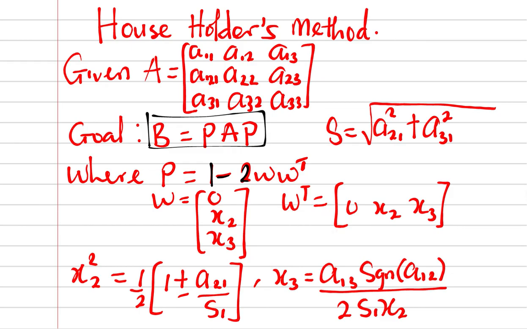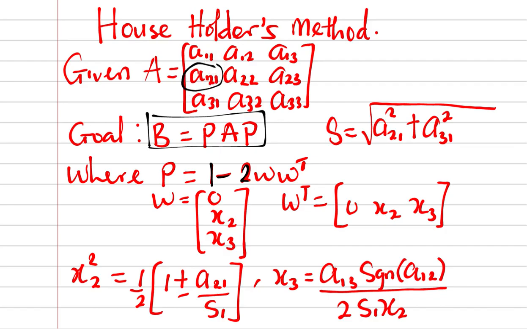All right, so how do you get your x2? Your x2 will be gotten by what? x2 squared equals what? 1 over 2 open bracket 1 plus or minus. Now you can see I said plus or minus here. The reason why I'm putting plus or minus there is because the value is dependent on the sign that your A21 carries.